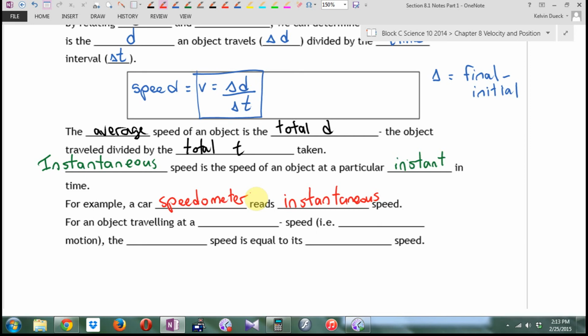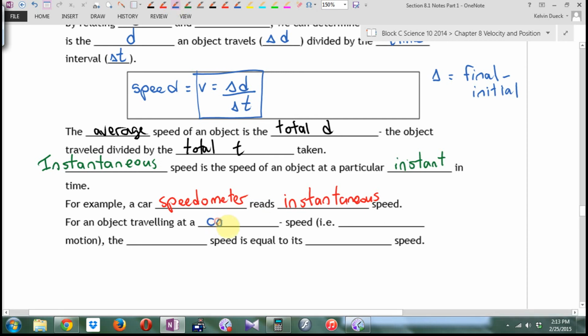Now, if you're not speeding up or slowing down, if you're on cruise control, then your average speed will be exactly what it says on your speedometer. You know why? Because you're not changing your speed at all. So if you go to cruise control, average speed and instantaneous speed are the same. I'm going to write that down.